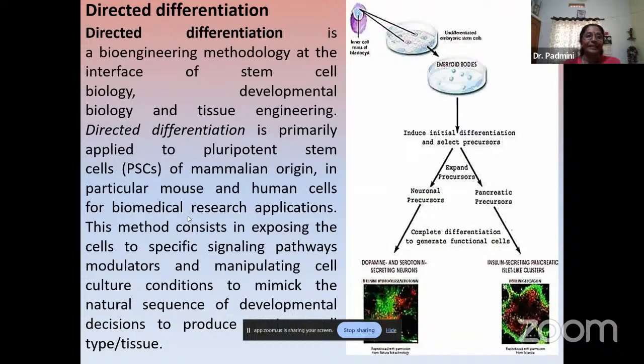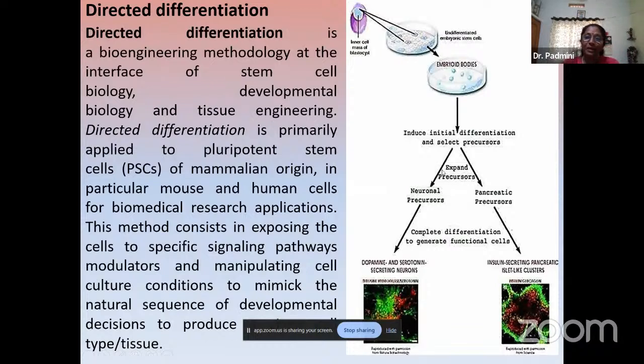So, directed differentiation. What is directed differentiation? It is where you direct the cells to form whatever type you want. If you can see in this picture, the inner cell mass of the blastocyst consists of undifferentiated embryonic stem cells. When you culture them, you induce them in such a way that they become what you direct. Say you want more neuronal cells.